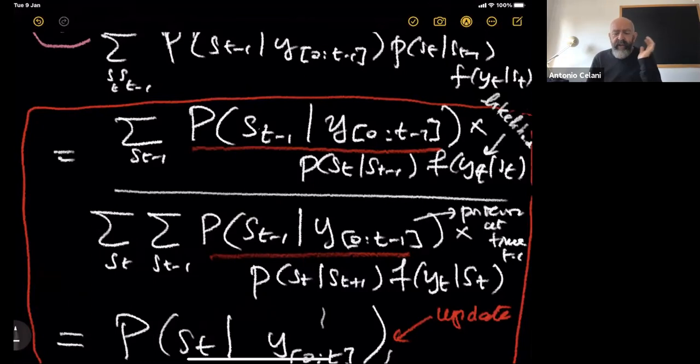So the only new thing with respect to the usual Bayes formula is that now you have this term.